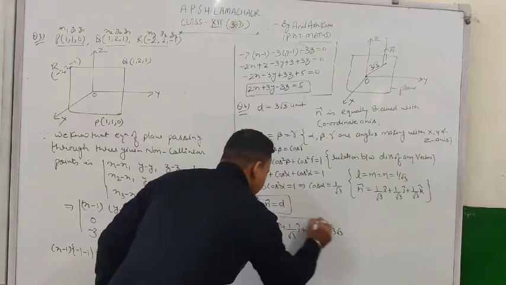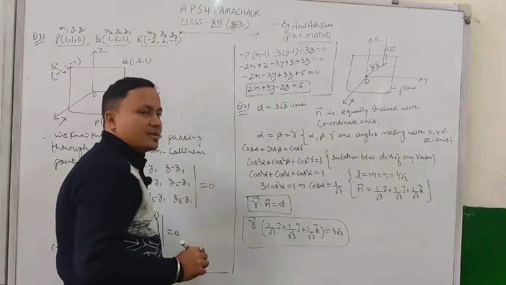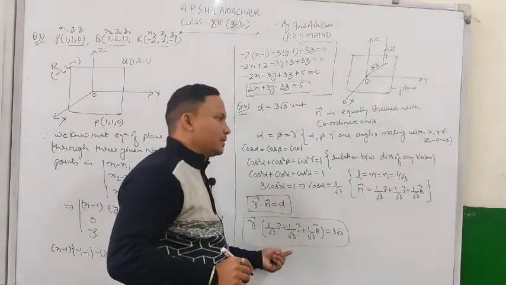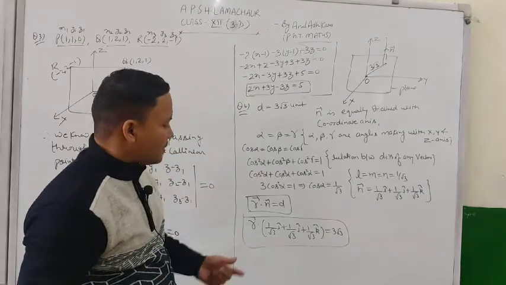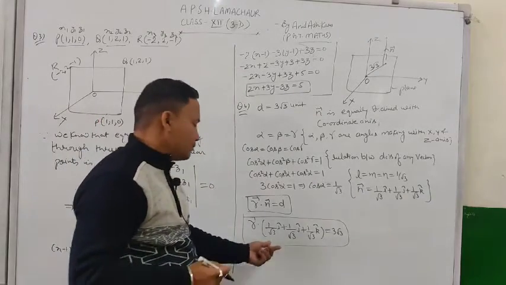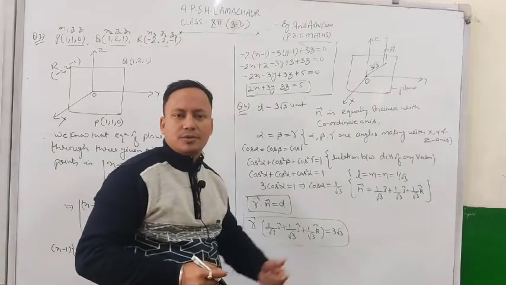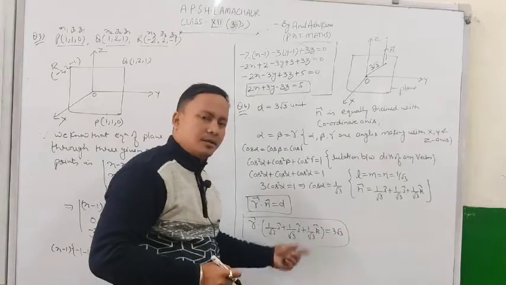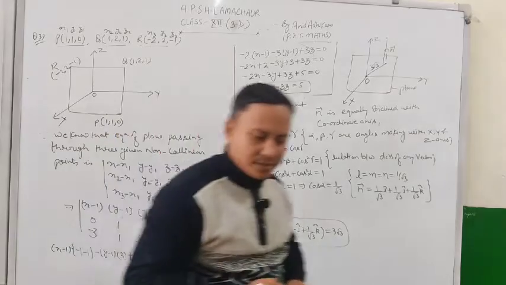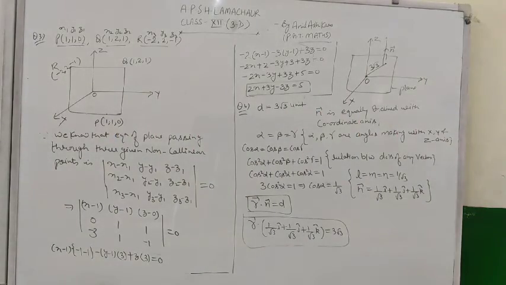If you are going to change this into normal form, then you can substitute this normal vector in terms of the unit normal vector. Okay, so this is the answer. Pause the video and take the screenshot. Okay, now proceeding to the next.